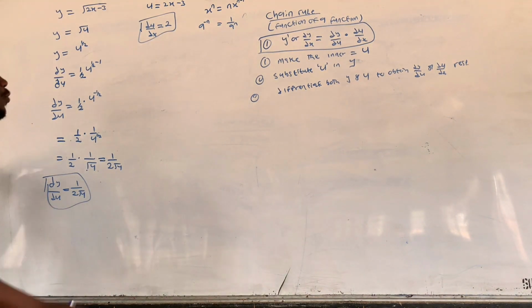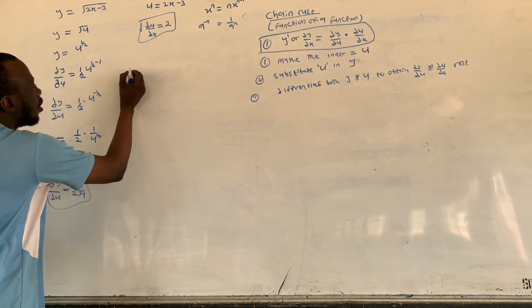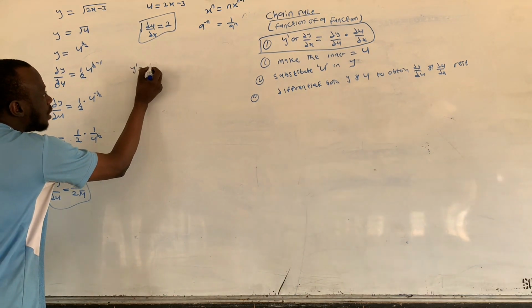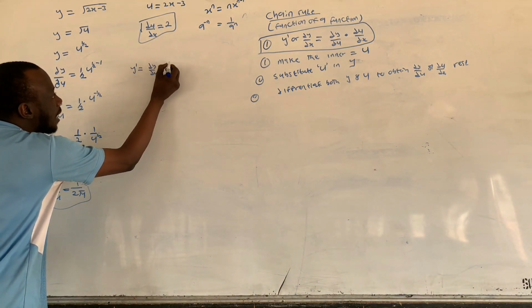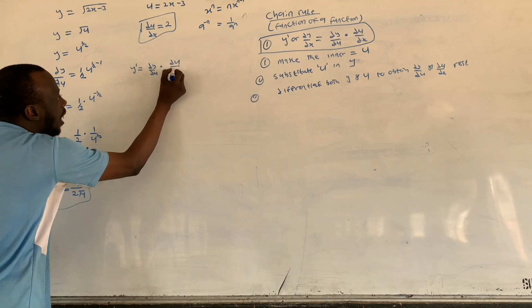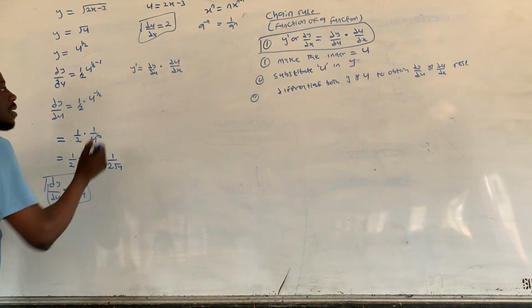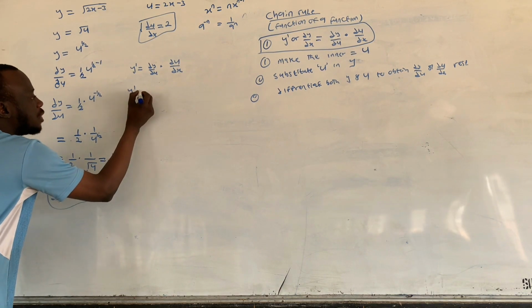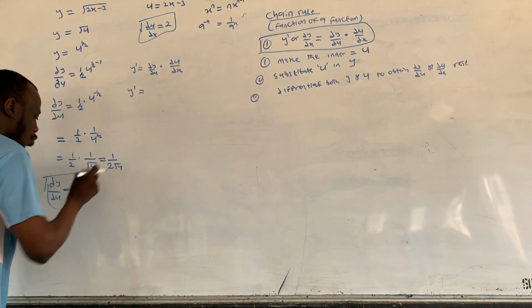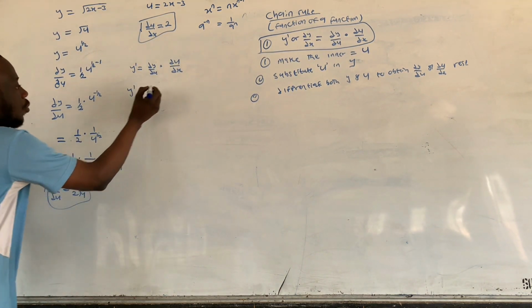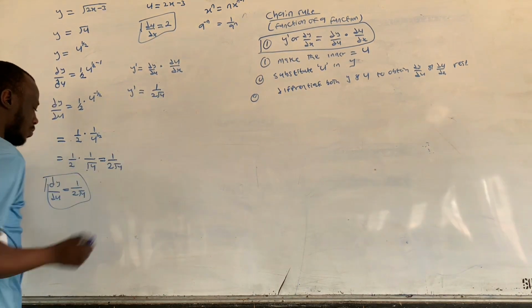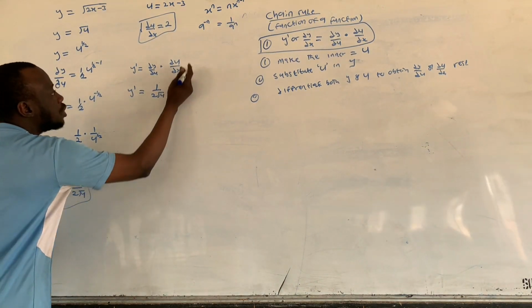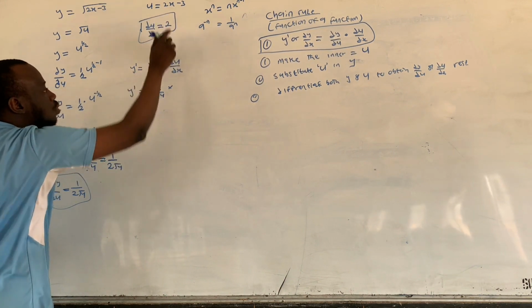Then the next step, we apply our formula that says y prime equals dy over du times du over dx. Y prime is equal to 1 over 2 root u times du over dx, which is 2.